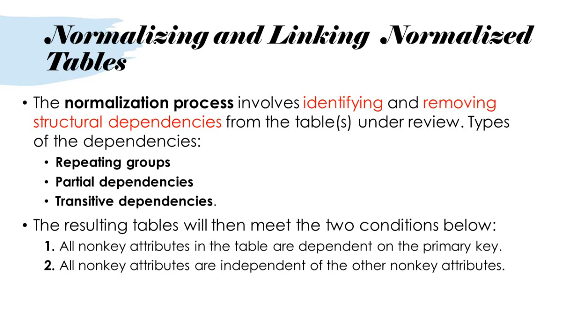Okay, the resulting tables will then meet the two conditions below. All non-key attributes in the table are dependent on the primary key. All non-key attributes are independent of the other non-key attributes. Yeah, it is the condition.